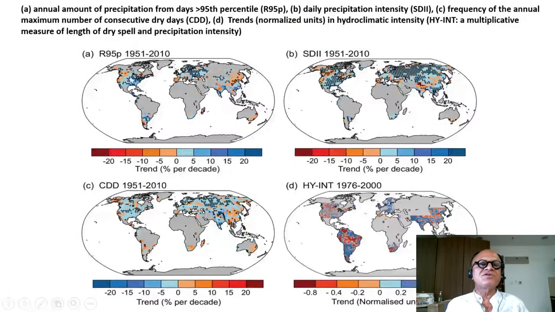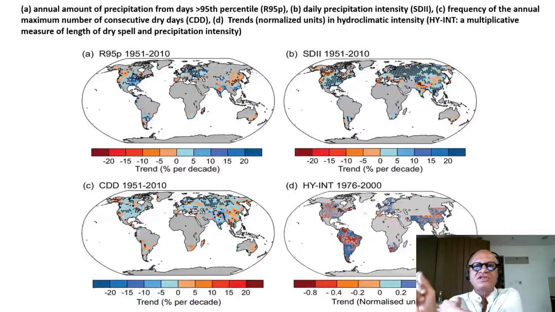But this map here is doing its best to construct various things from 1951 to 2010. So here is R95P, which means the annual amount of precipitation from days with greater than 95th percentile rainfall.